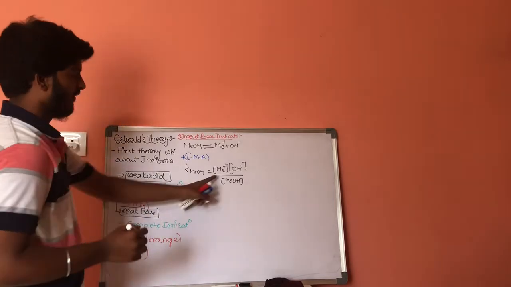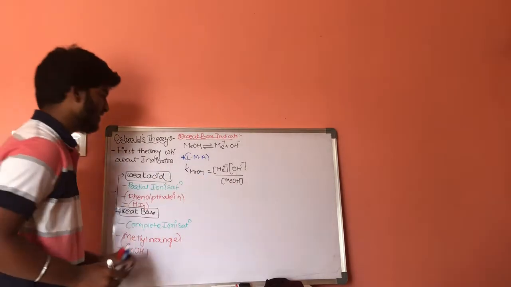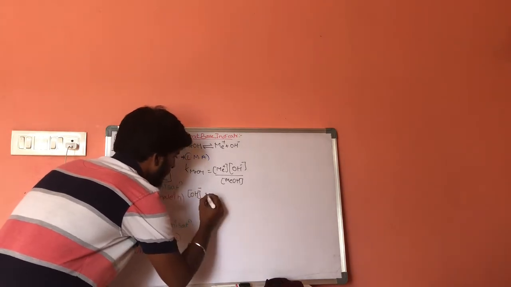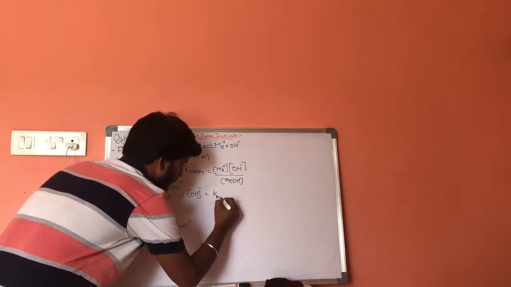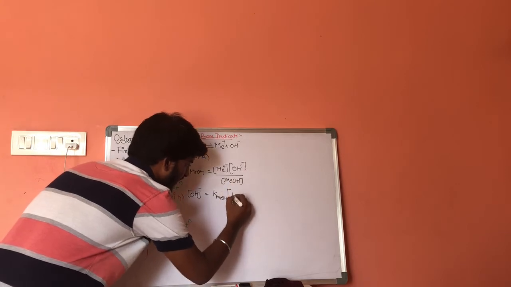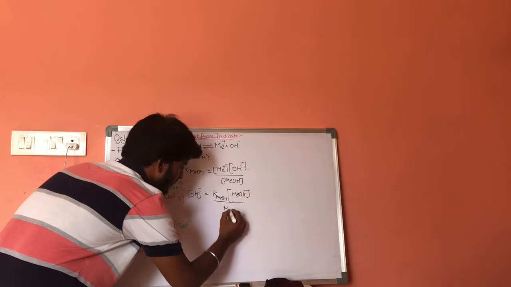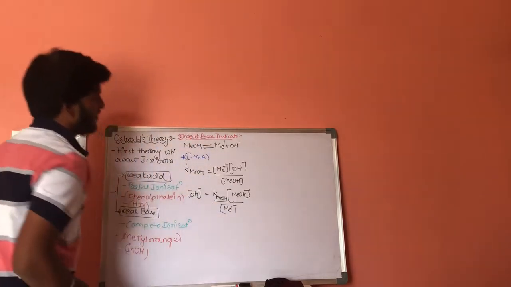Now we require the concentration of OH minus ions. Concentration of OH minus ions is equal to K MeOH into the concentration of MeOH divided by the concentration of Me plus ions.